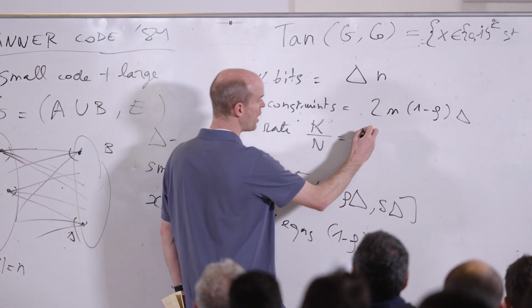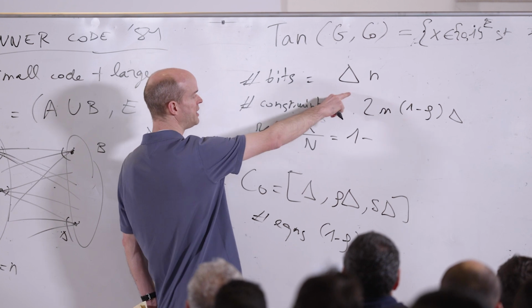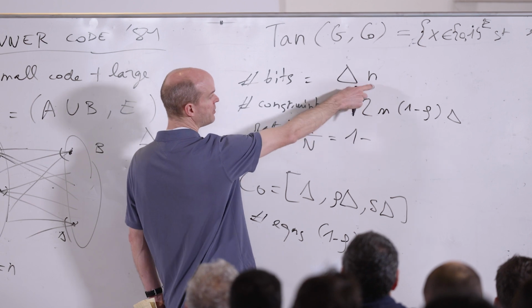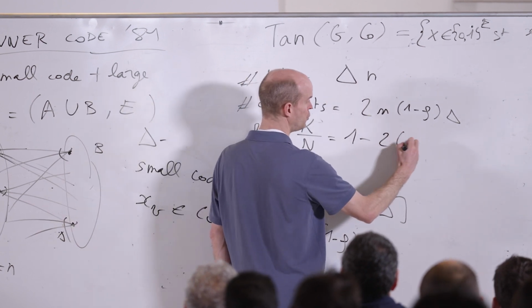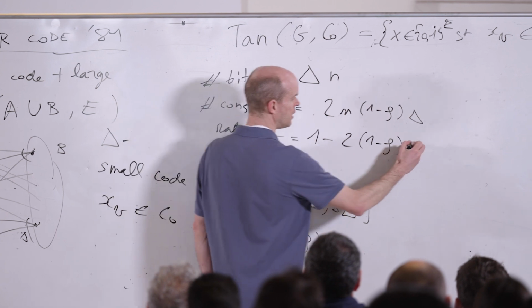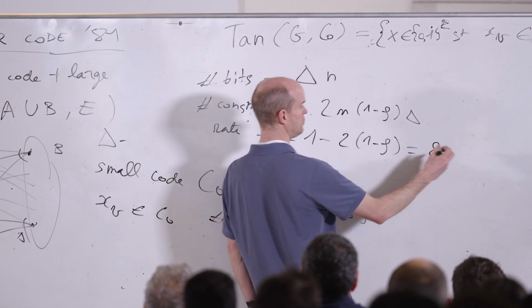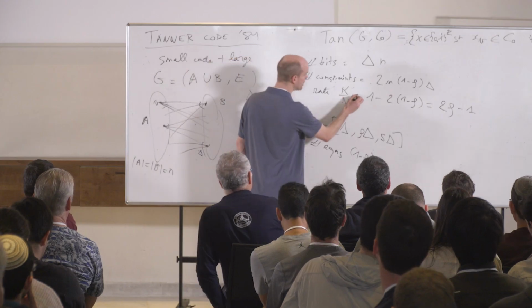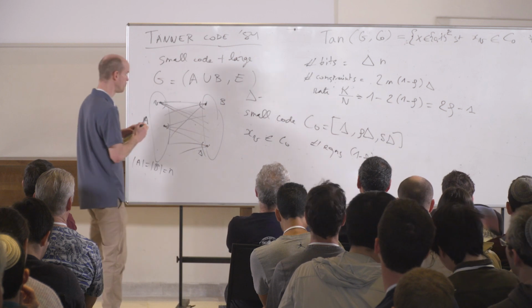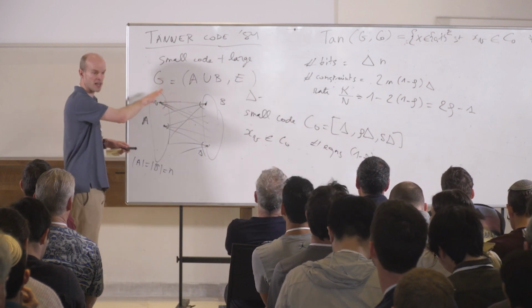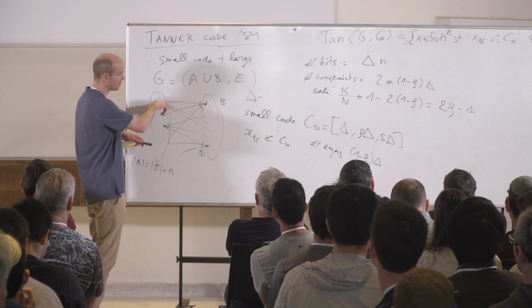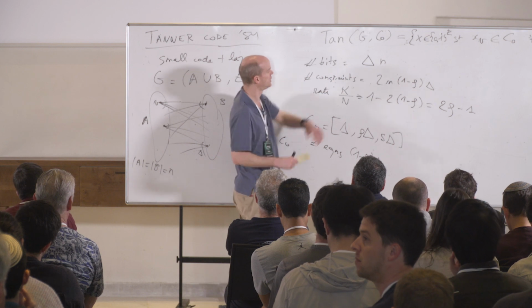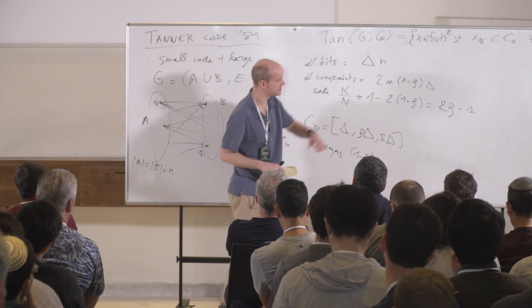It's 1 minus the number of constraints divided by the number of bits, so 1 minus 2(1 minus rho), which is 2 rho minus 1. At least, because here I just counted how many equations I have, but maybe some are redundant. They're not all independent, but the number of equations is at most this, so the rate of the code is at least this.